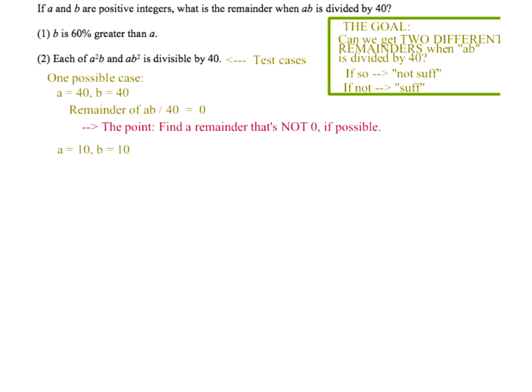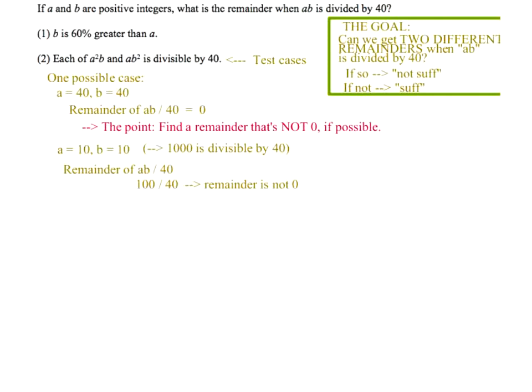So that works, right? 1,000 is divisible by 40. So that does satisfy the statement. But then the remainder of AB divided by 40, AB is 100 in this case, so that's not 0. Remainder is 20, but the real point is that the remainder is not 0.